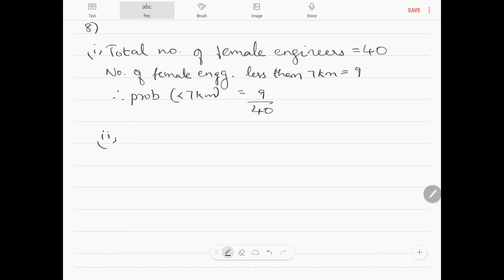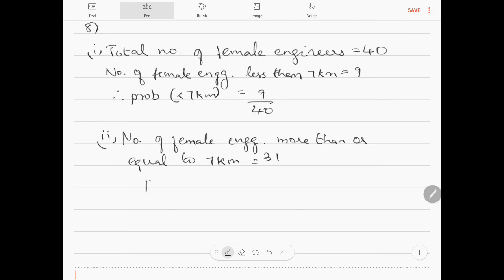Question number 2, more than or equal to 7 kilometers from her place of work. The number of female engineers whose residence is more than or equal to 7 kilometers from the place of work is 31. So the probability will be equal to 31 by 40.